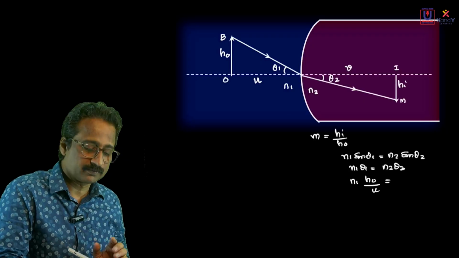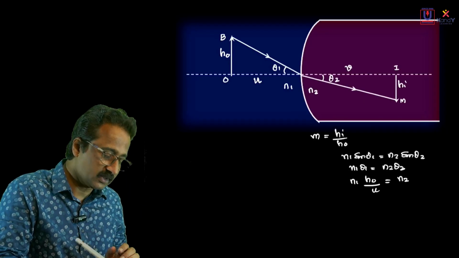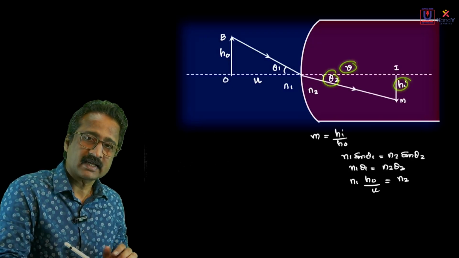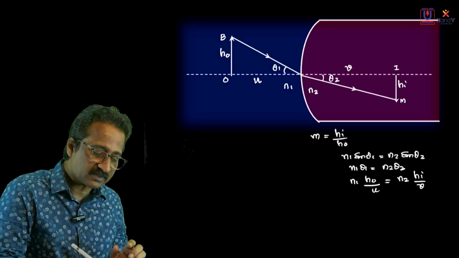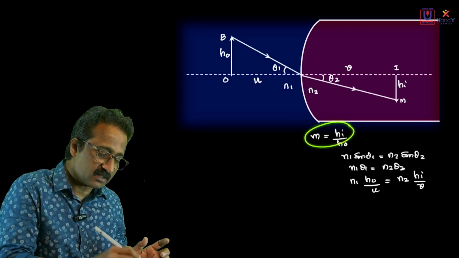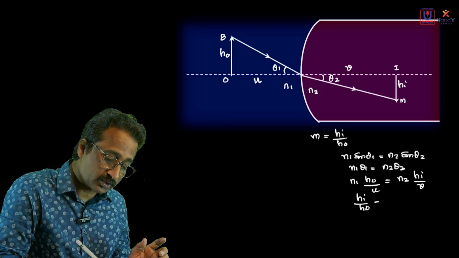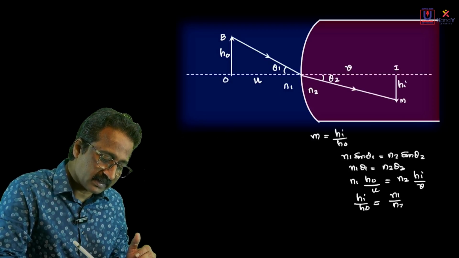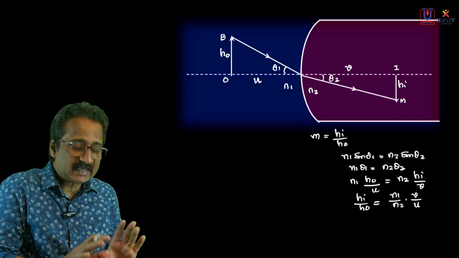This is equal to n2 into θ2. θ2 is equal to arc by this radius, so θ2 is HI divided by v. Let's simplify this to get HI by HO, because HI by HO is the linear magnification. So HI divided by HO is equal to n1 divided by n2, into v divided by u. So this is the equation for HI by HO.